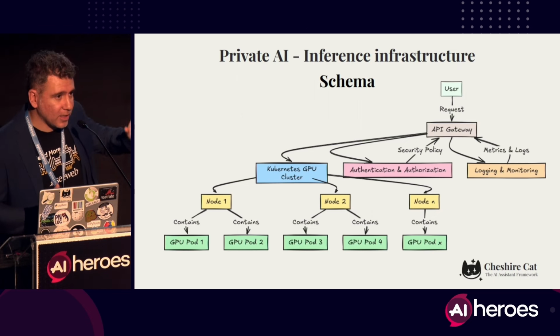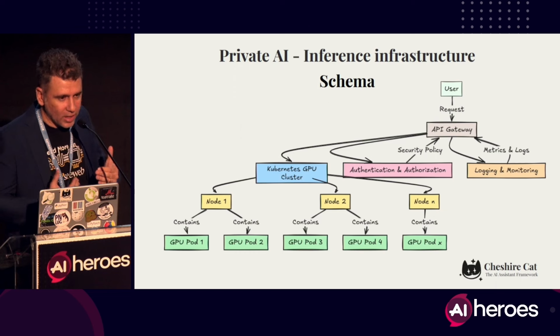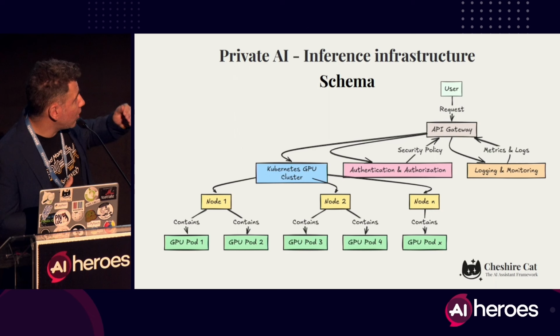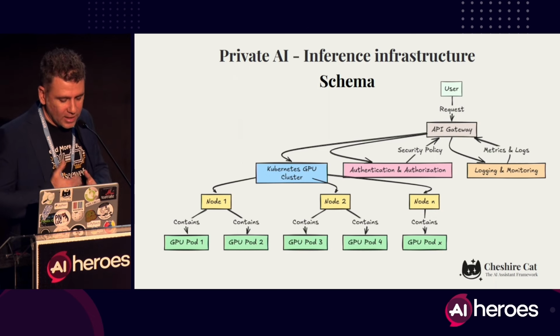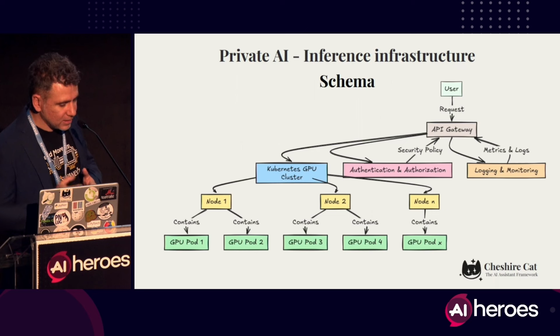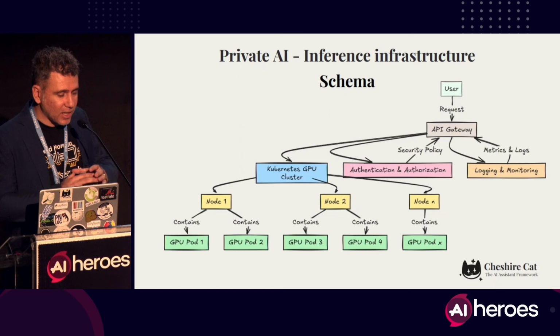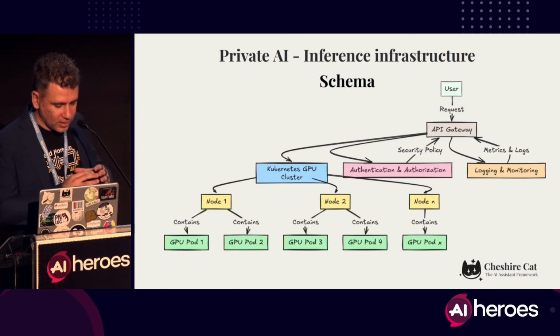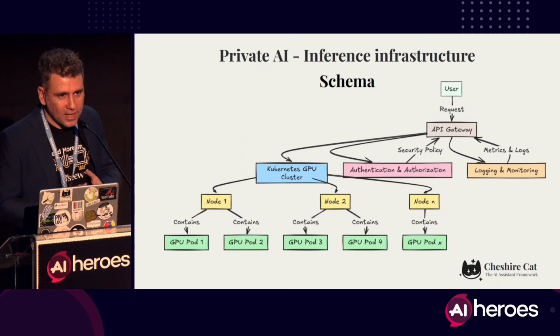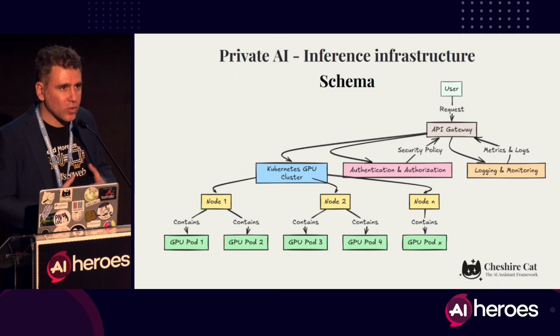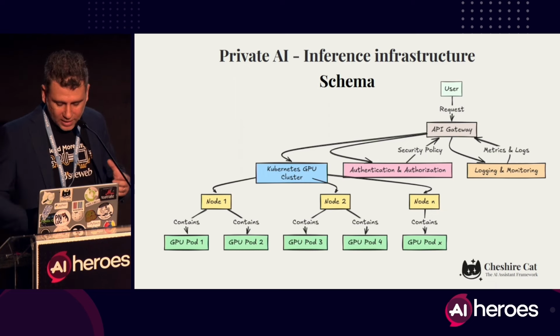For example, if a user calls the LLM, he first of all uses an API gateway, and after authentication and authorization, the request is served by the Kubernetes cluster. The Kubernetes cluster is a core concept of this architecture because, as I said before, Kubernetes offers a large ecosystem to manage the containers.